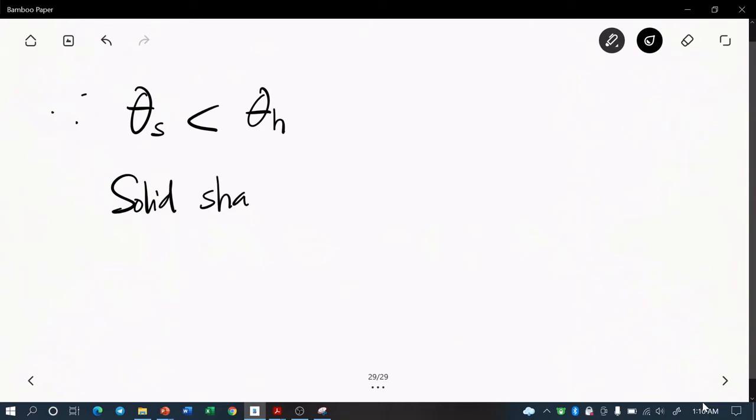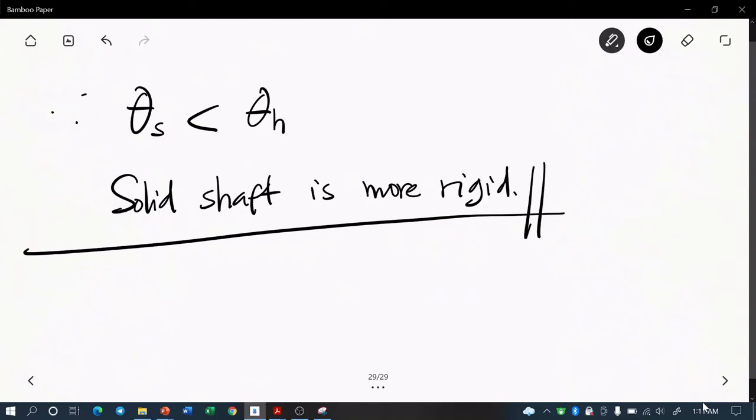Therefore, since the torsional deflection of the solid shaft is lesser than its counterpart in the hollow shaft, the solid shaft is more rigid. That's it.